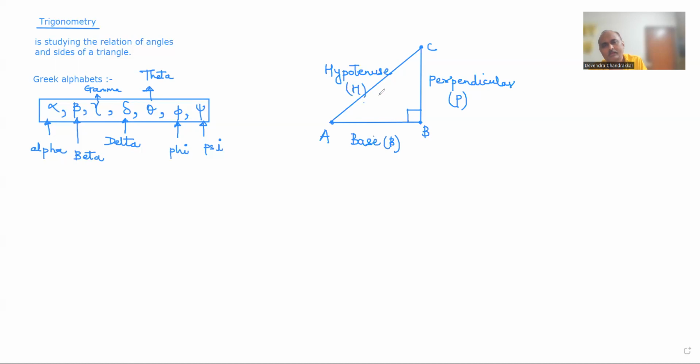We call it capital H. Now, I'm taking this angle as theta. I take this angle as theta. Now I'm introducing certain trigonometric functions to all of you. I'm introducing several trigonometric functions to all of you.